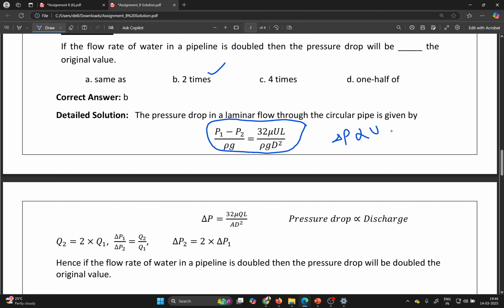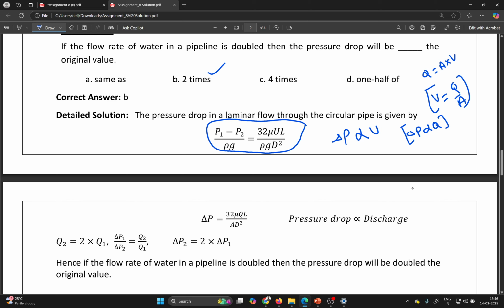If the area is constant in both cases, as you know the velocity is equal to Q by A, so delta P is directly proportional to Q. So at the place of velocity you can write Q also.